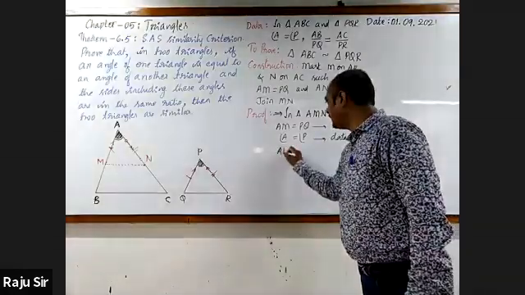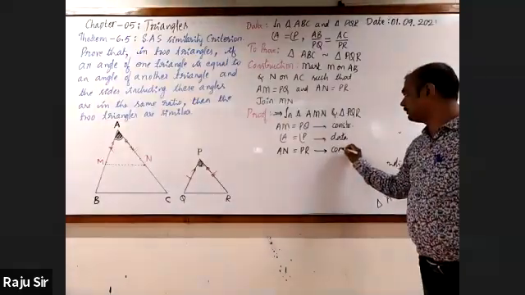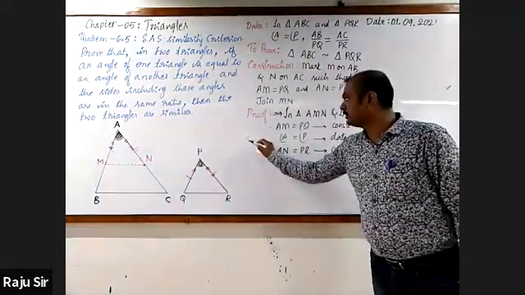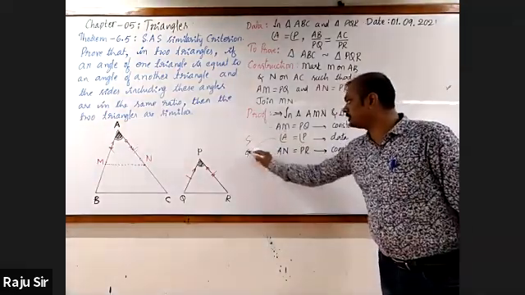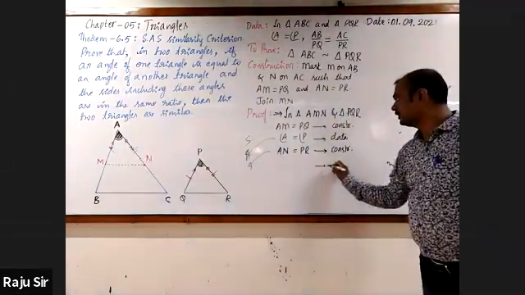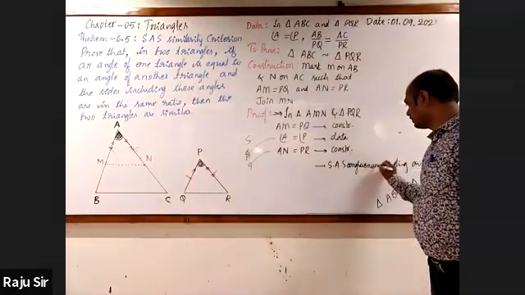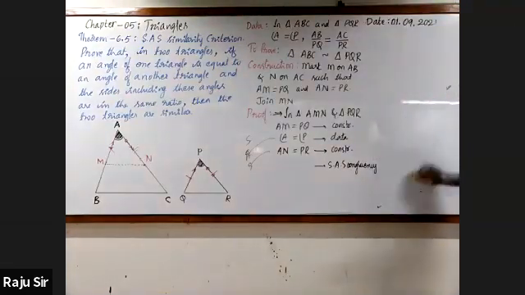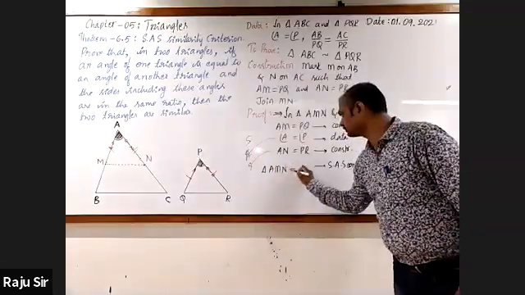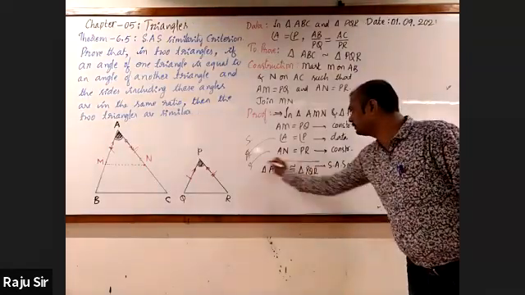Next, AN is equal to PR, again from construction. Which congruency? Corresponding sides, corresponding angles, corresponding sides, means we have to use SAS congruency. From SAS congruency, we can write triangle AMN is congruent to triangle PQR.